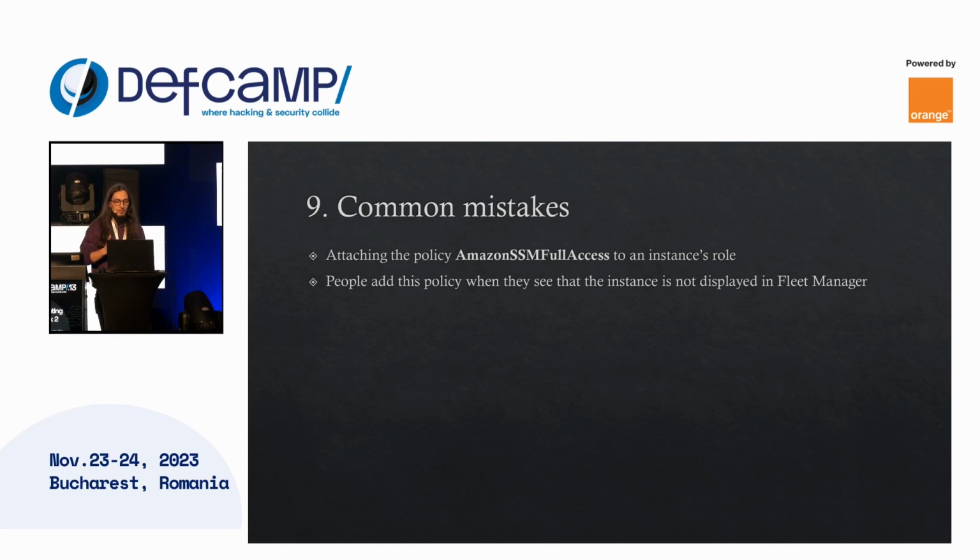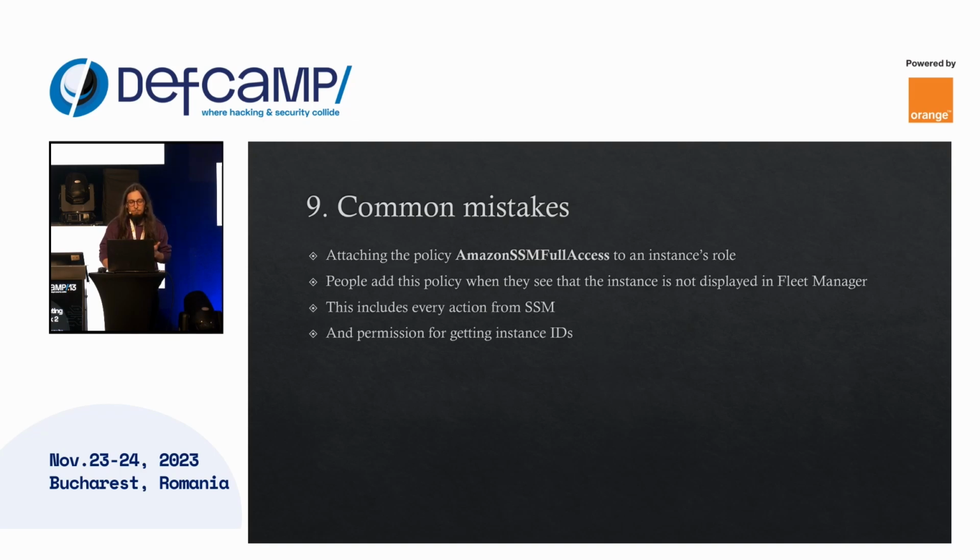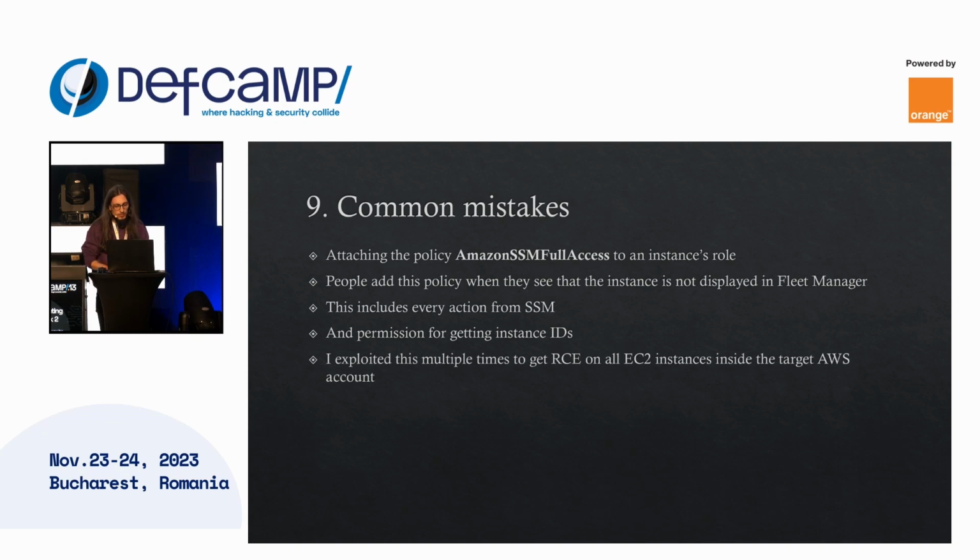And they think there's an issue with the permissions, and they will give the highest level of permissions from SSM just to be able to manage them. This policy also includes the permission to get the instance IDs, so you have all the requirements, and if you can compromise, and it's fairly easy, I've done this 3 times, you exfiltrate the access credentials from such an EC2 instance, and you basically compromised every other EC2 instance in the AWS account.